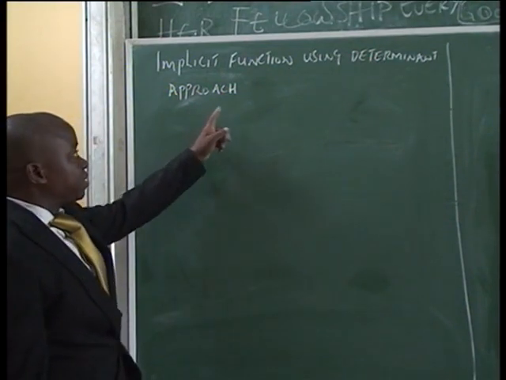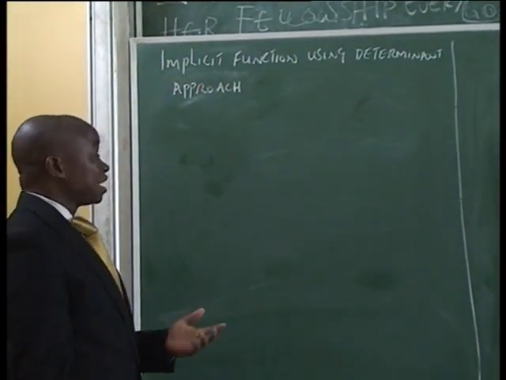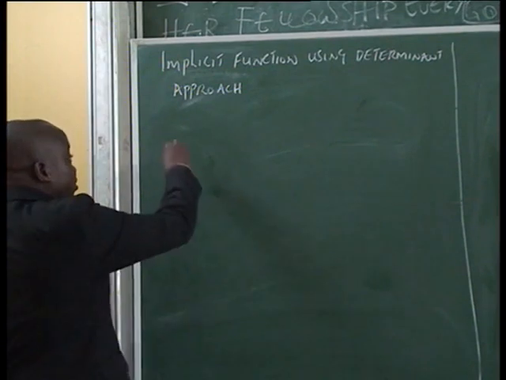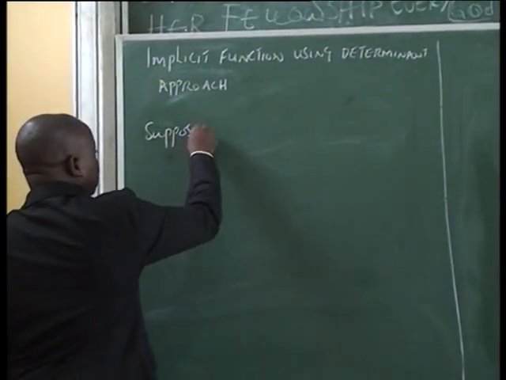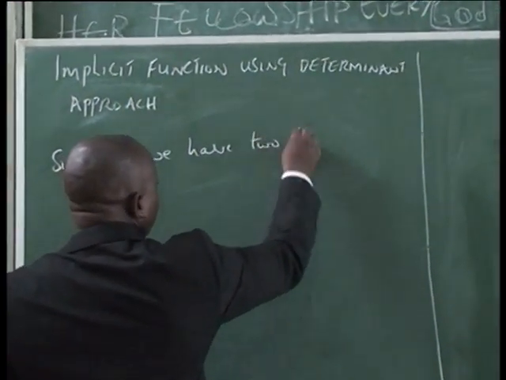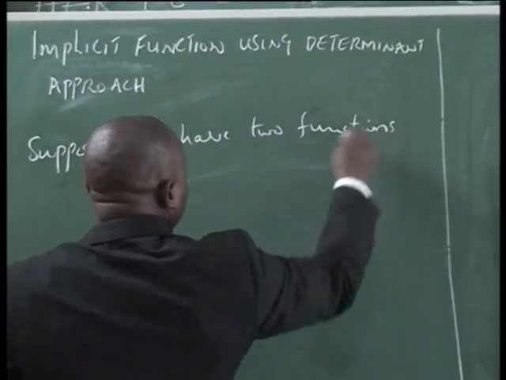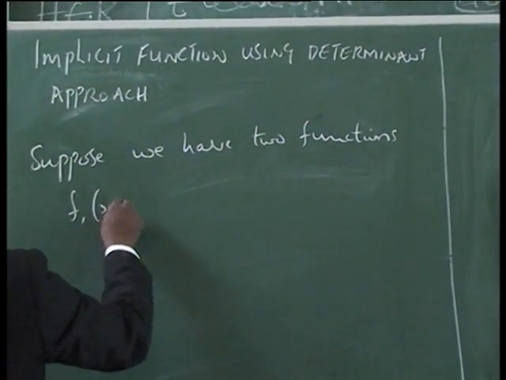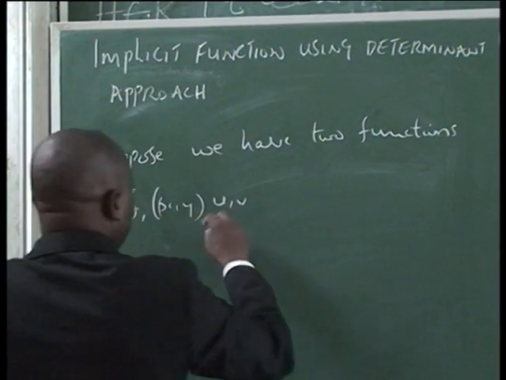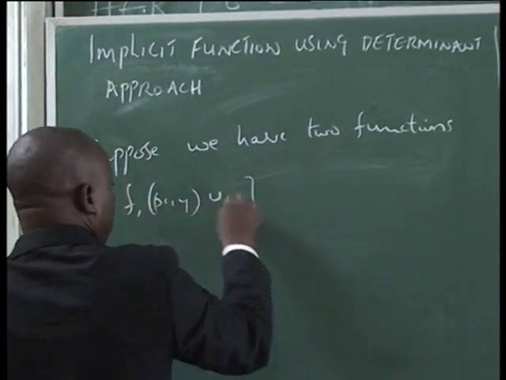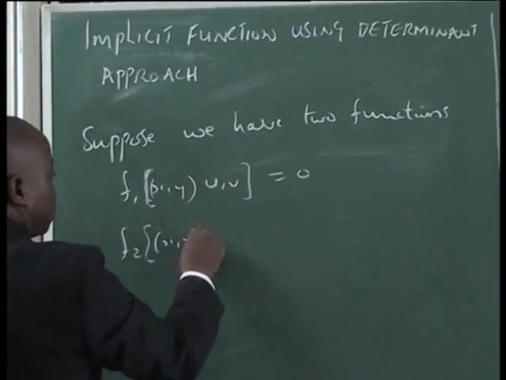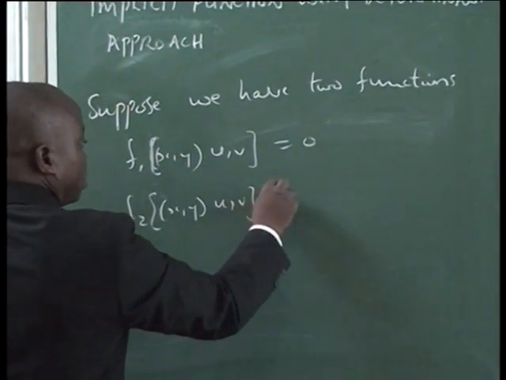We are looking at implicit functions using the determinant approach. There is another approach, the determinant approach, that you can use. Now suppose we have two functions, F1(x, y, u, v) equals 0 and F2(x, y, u, v) equals 0.